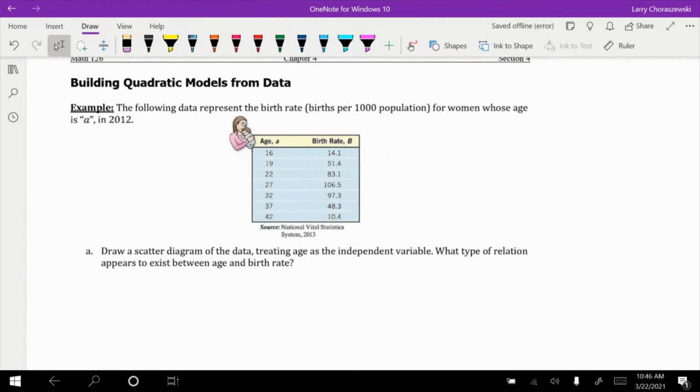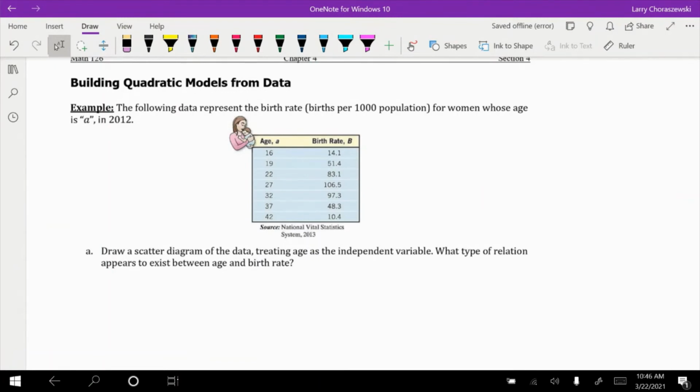So we're going to take this data here, which is on a study between the age of women and the birth rate that corresponds to the age. I don't know where the study has taken place, but the author does cite his source down there.